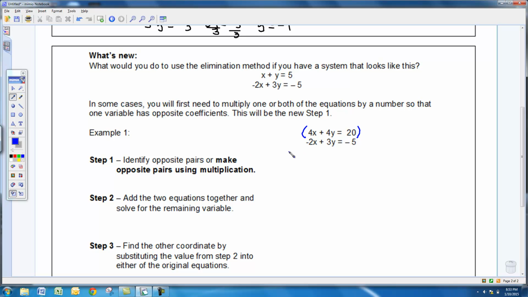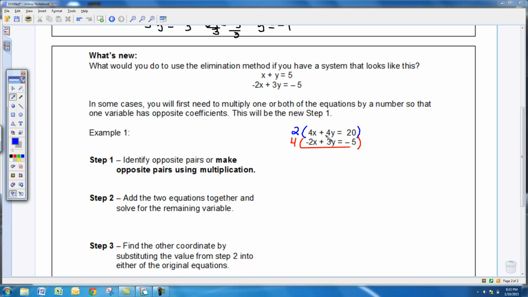So I'm going to accomplish that by multiplying the top equation by 2, which is the coefficient of x in the second equation. And then I'm going to multiply the bottom equation by 4, which is the coefficient of x in the top. Now let's see what happens when we multiply these two equations.